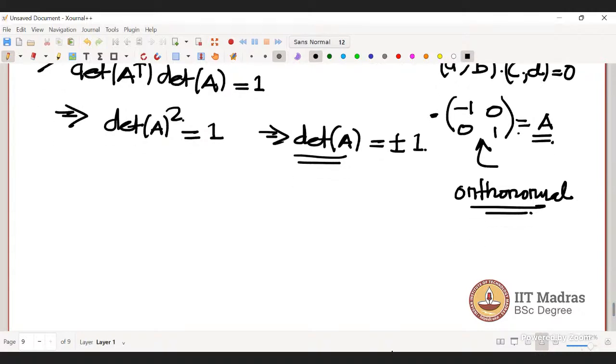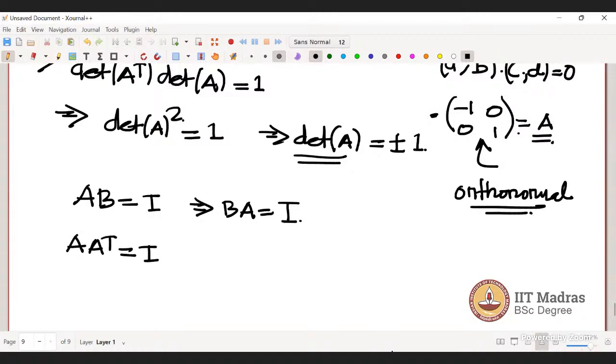I guess there is one question in maybe mock or maybe quiz 1. It says that if AB is identity, that means BA is also identity, right? Yes, sir. So if you know that A into A transpose is identity, then you can say that A transpose A is also identity, right?